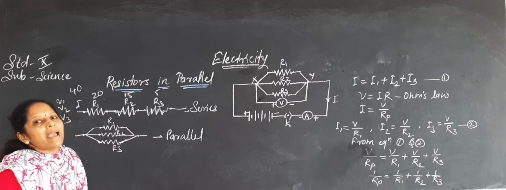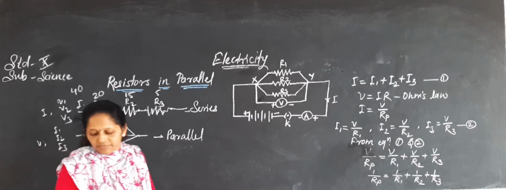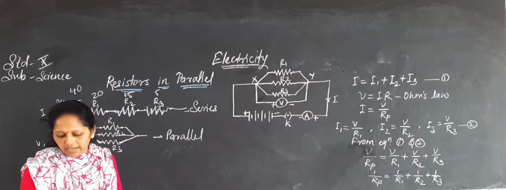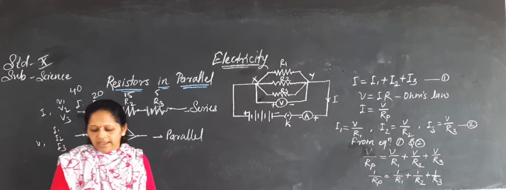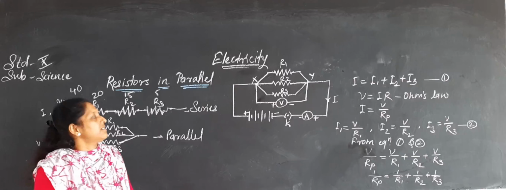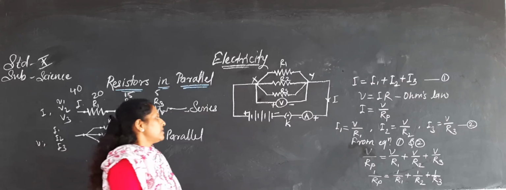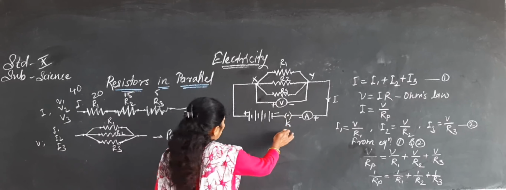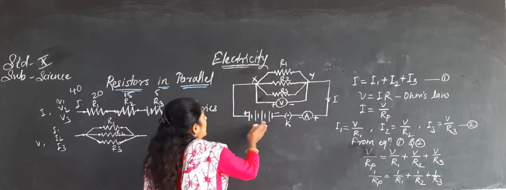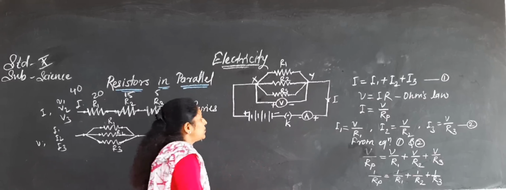Now for the parallel connection, when we join the resistors in parallel, the diagrammatic representation is the same, only the resistors are joined in parallel, with a close and open key, an ammeter, a battery, and current flowing through the circuit.